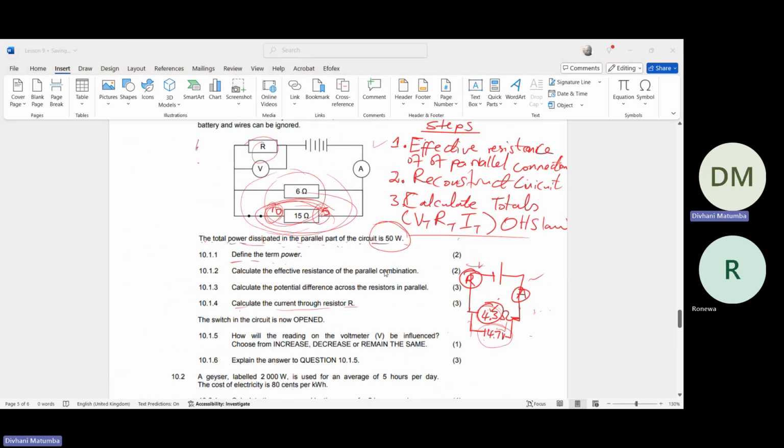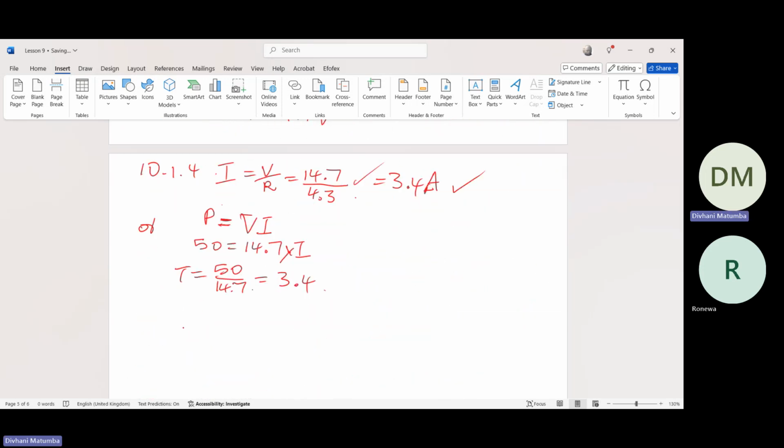You see, the other method we can use: you can calculate the current flowing through the 6 ohm and the current flowing through the 15 ohm. The current flowing through the 6 ohm will be 14.7 divided by, because it's the voltage divided by resistance.